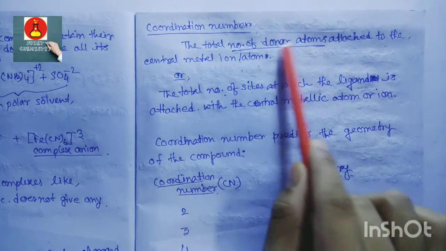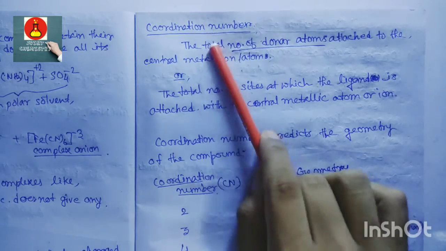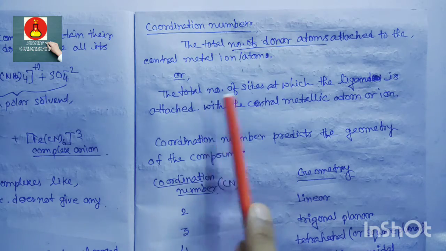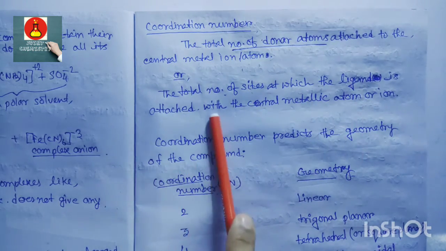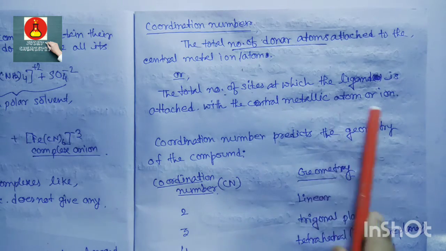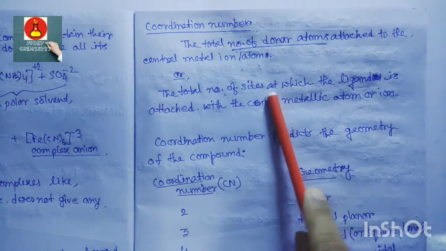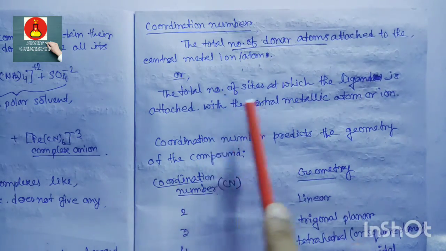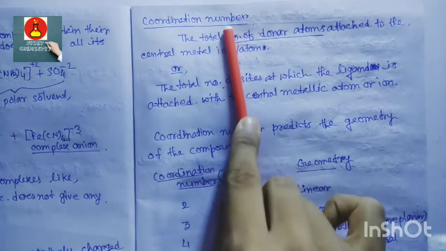Or we can say the total number of sites at which the ligand is attached to the central metallic atom or ion is known as the coordination number.